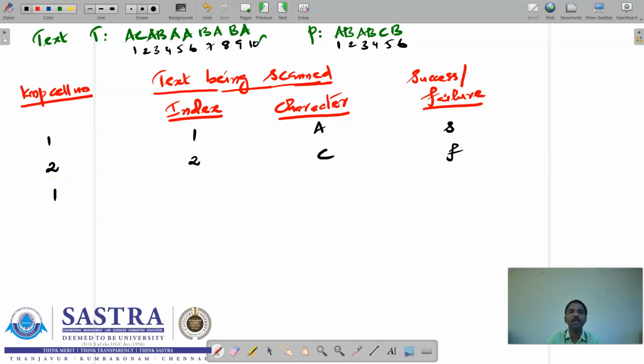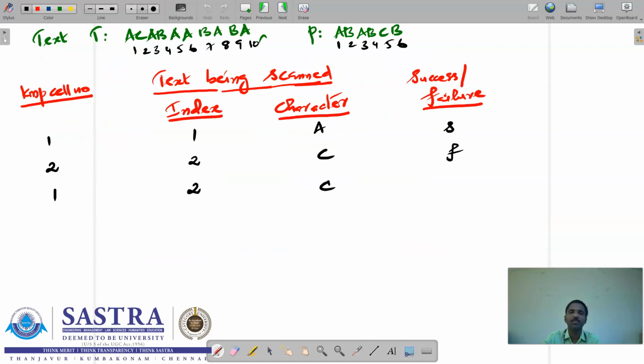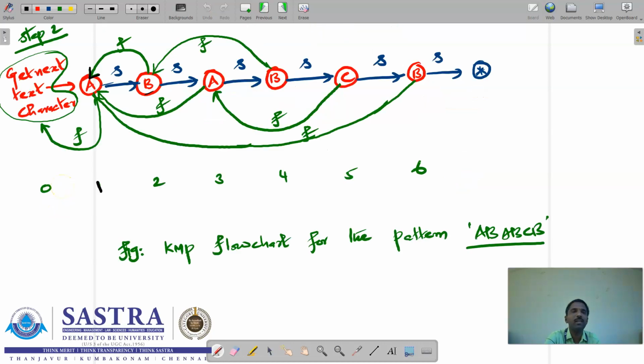Next, we need to take the same text character. Index is 2, character is C. At cell number 1, we need to check if the character C is available. It's not C. So again, we have got a failure 1.